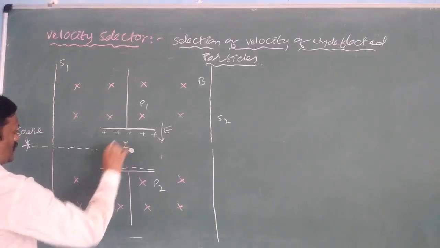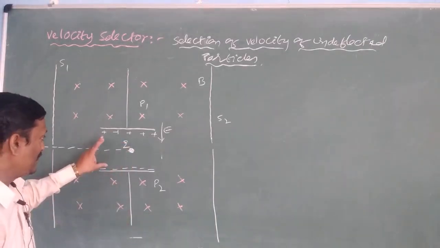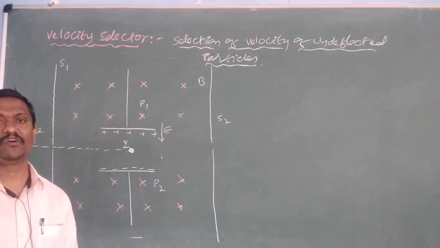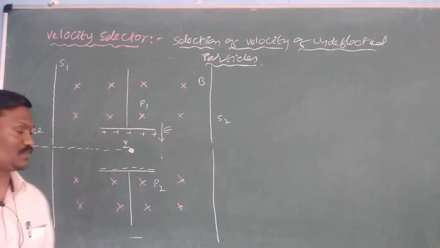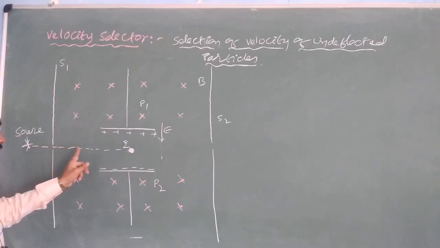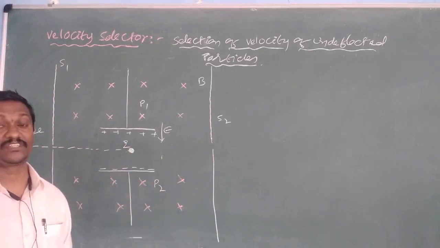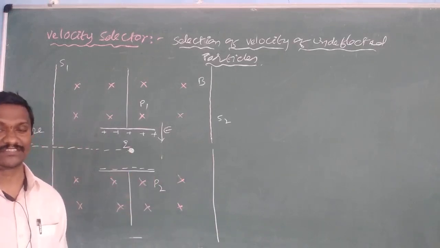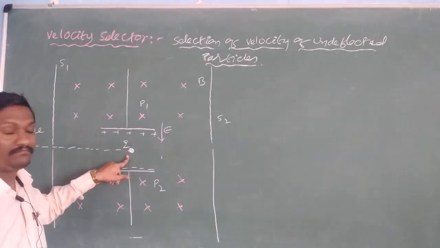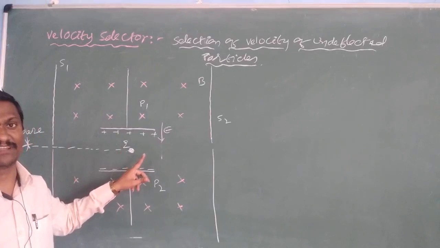For example, a charge Q enters both fields, where the electrical field is there, and at the same time the magnetic field is also there. So the narrow beam of charged particles from the source passes through slit S1 and enters the crossed fields, moving perpendicular to both fields. Next, on all the charges, the electrical force is there, and at the same time the magnetic force is there.